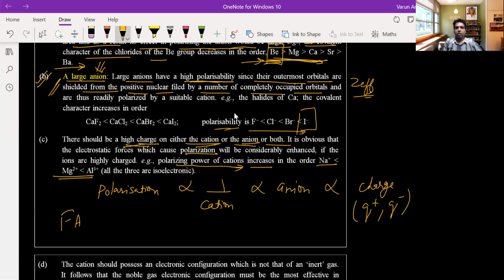These rules are known as Fajan's rule to determine the polarization.